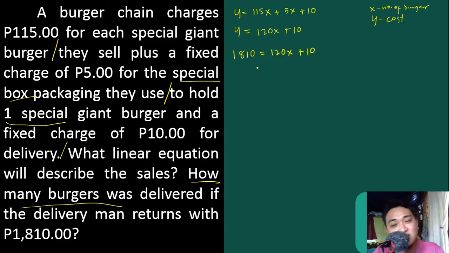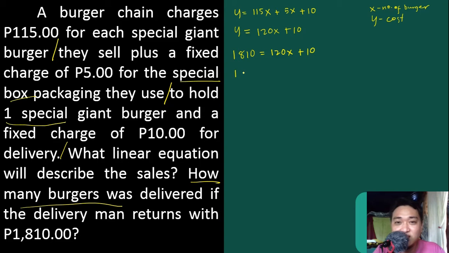Now, we can solve this equation using algebraic manipulations, using properties in algebra or properties of equality. So here we could transpose positive 10 to the other side, to the left side, that will become negative 10.